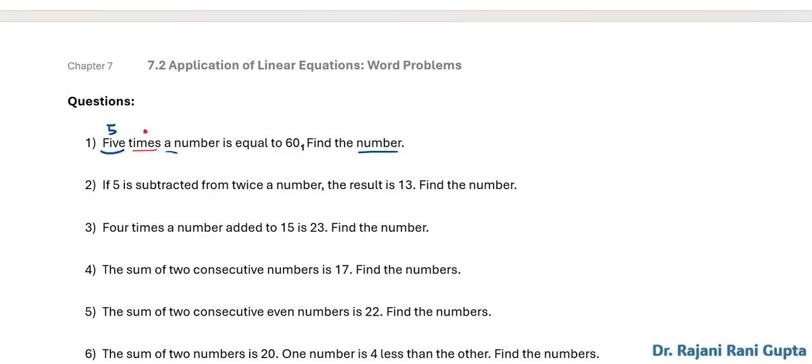A number means one number. Let's use A. Is: if there is a word like is or equal to, it means the equal sign. Equal to 60.